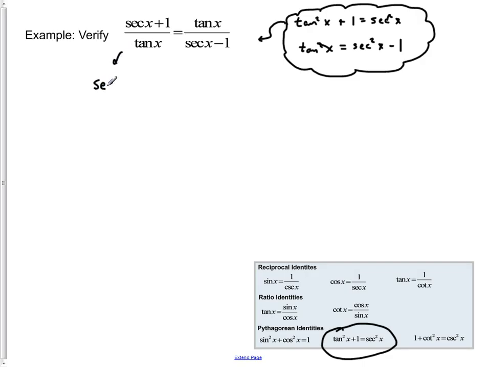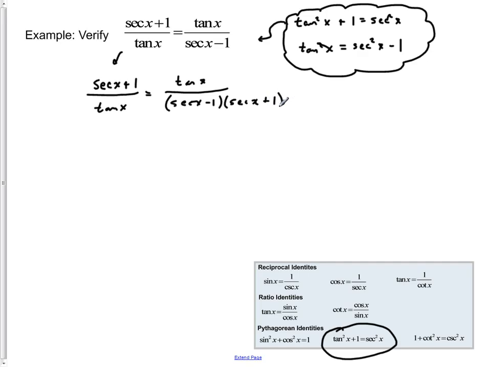I've got secant of x plus 1 over tangent of x on the left equals tangent of x over the secant of x minus 1, but I want to multiply this by something to give me secant squared x minus 1, and that would be secant of x, we're not squared yet, secant of x plus 1.